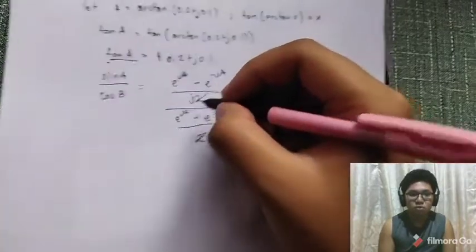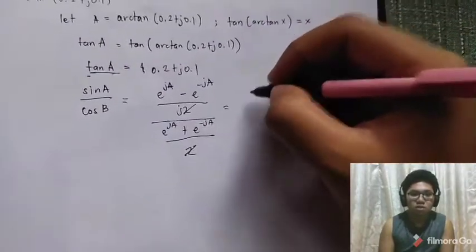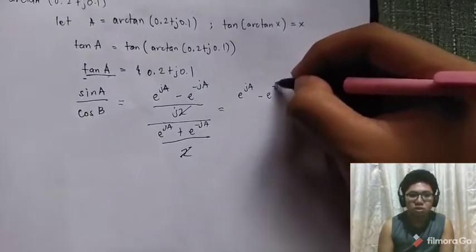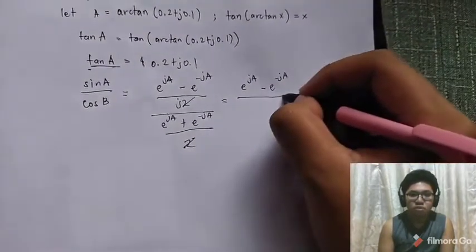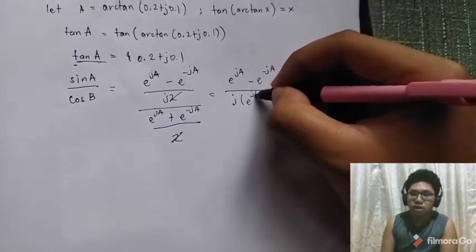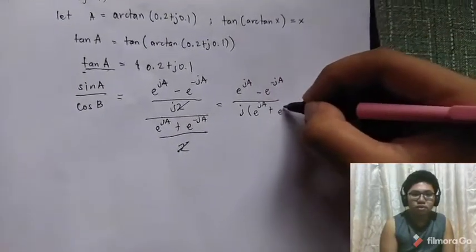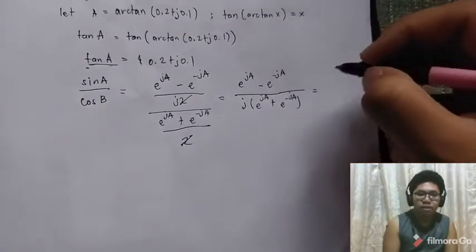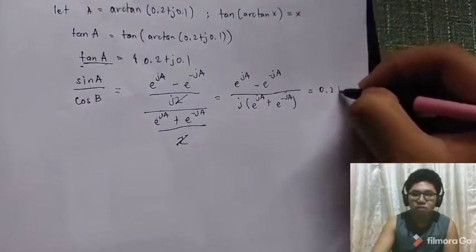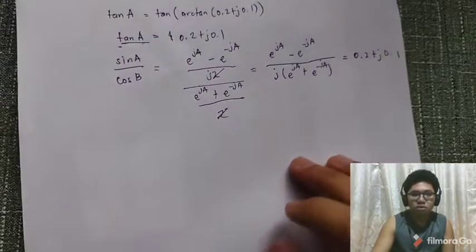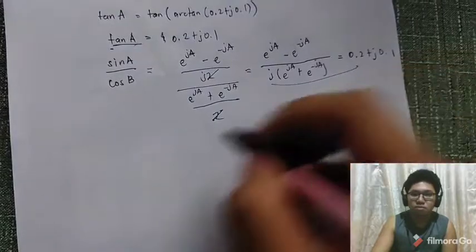Then the 2 will cancel each other, so that would result to e raised to ja minus e raised to negative ja over j times e raised to ja plus e raised to negative ja, equal to 0.2 plus j 0.1.